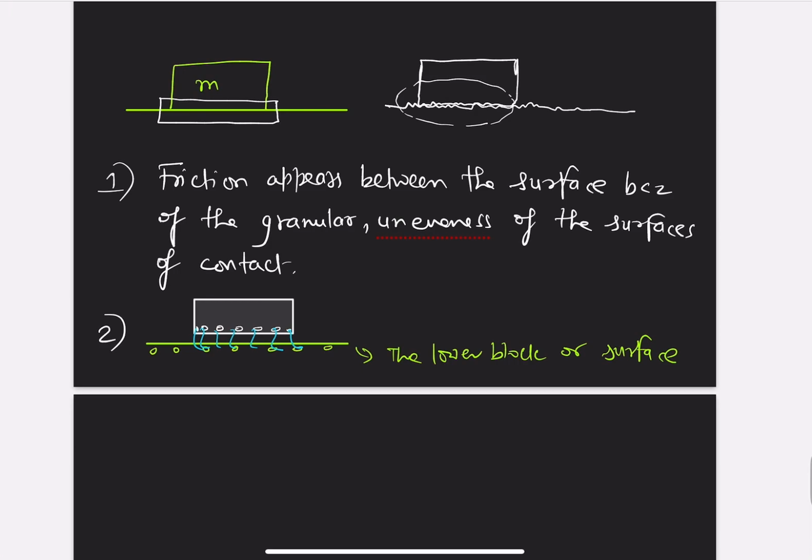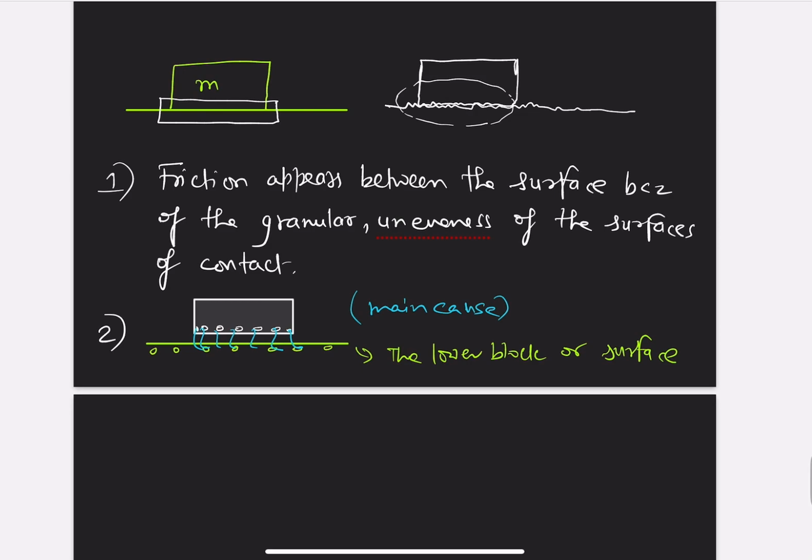So this is the second cause, or we can say the main cause is this only. Because there are a lot of smooth bodies we have seen, and it appears that they are smooth, but there is a great friction force we feel.